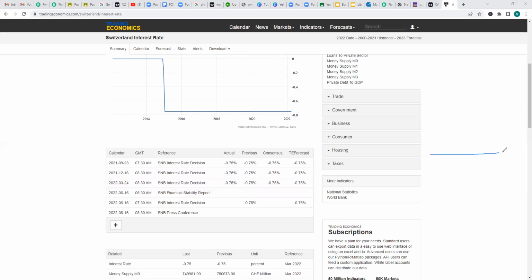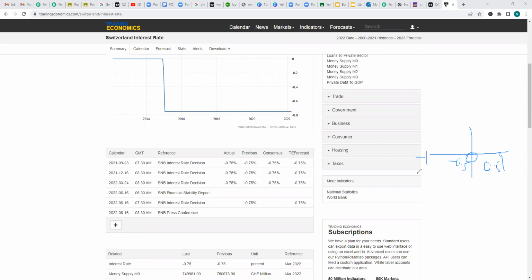Some of you might not be able to analyze this, so let me tell you how to do it. This is 0. This is the interest rate on CAD, 1 here. This is 0.5 here. This is minus 0.5 here, and this is minus 1 here.